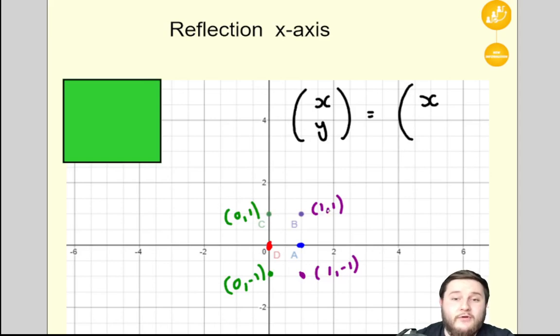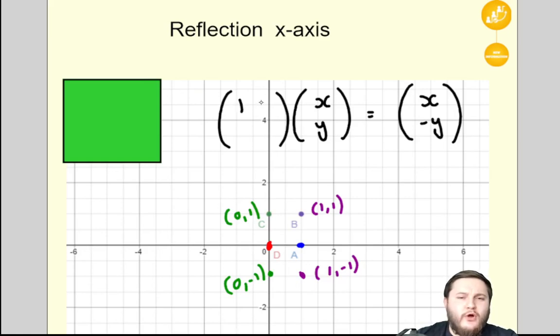But the y-coordinates have gone from being 1 to being minus 1, and same on this side. So the y-coordinates have now turned negative. It's the same value, it's just negative y. So I know there must be a matrix that when I multiply it by my coordinate, I get x, minus y, which is a reflection in the x-axis.